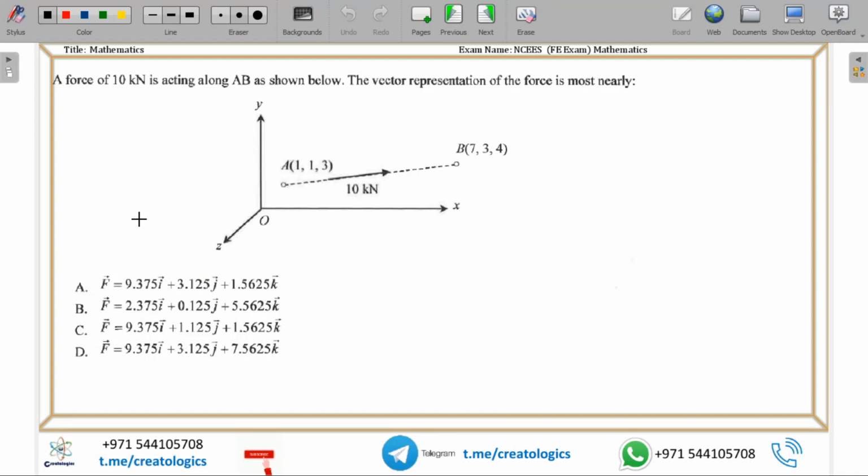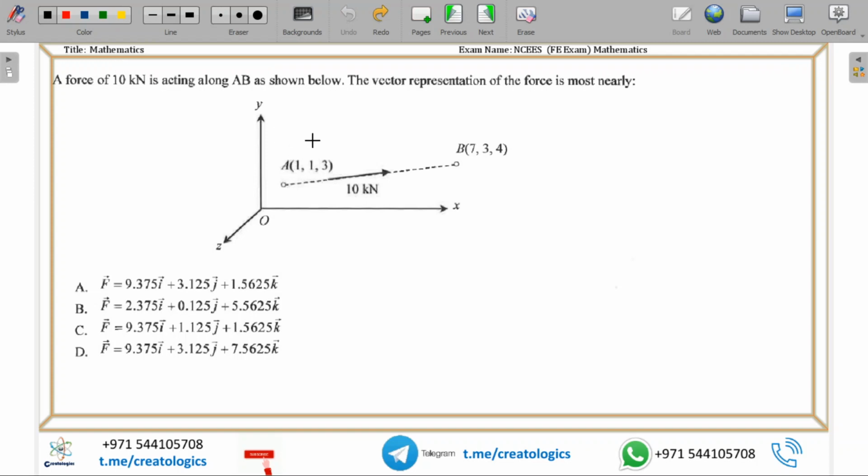So in that same manner we can easily solve this question also. Here you have to use the vectors and you need to find the vector representing the force. See, for this question what you can do? It's obvious. You need to find the value of this vector and its magnitude is already given to you as 10 units.